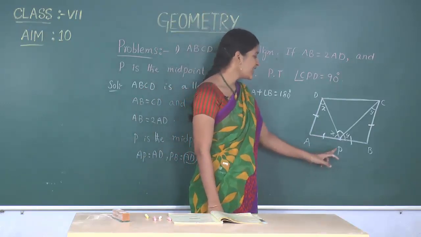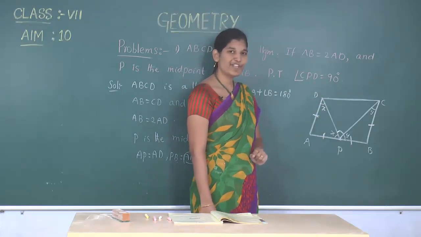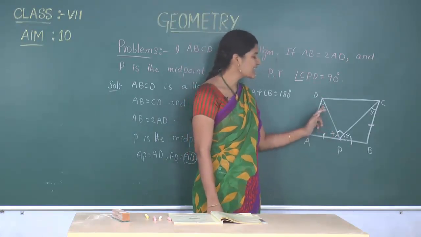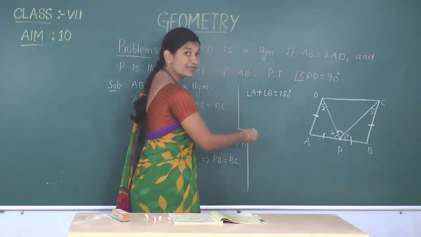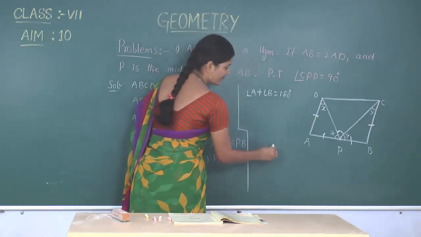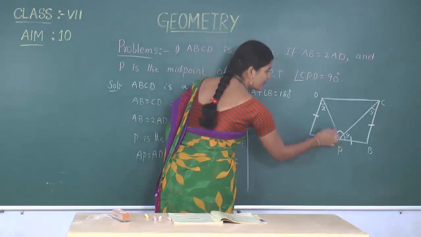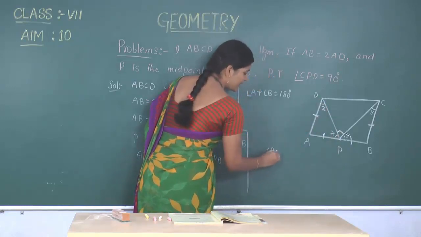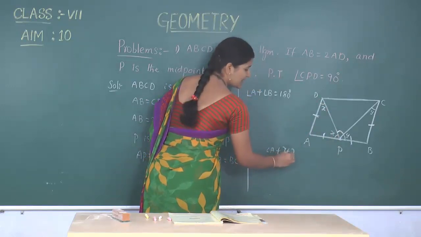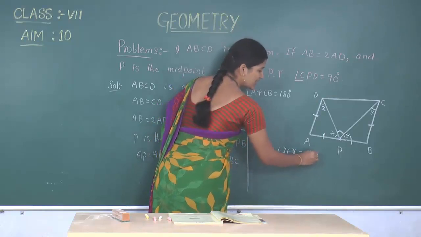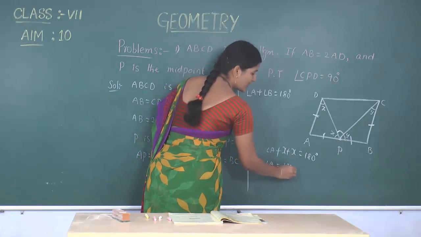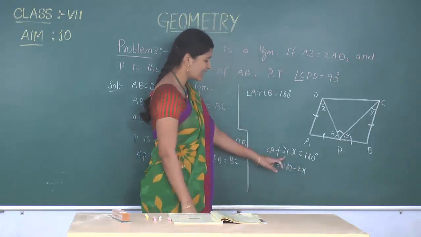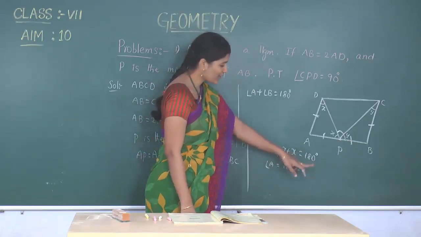From triangle APD, we know sum of the three angles equal to 180 degrees. So let me find out that one roughly. From triangle APD, angle A plus 2X is equal to 180 degrees. So from here angle A is equal to 180 minus 2x, the 2x going that side.